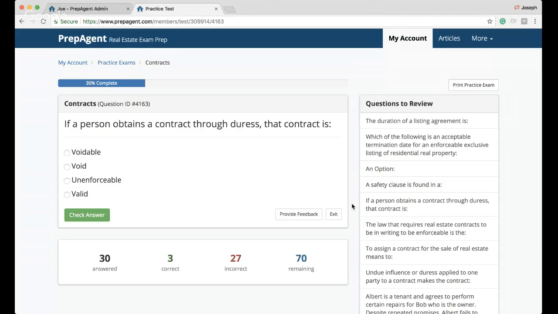If a person obtains a contract through duress, that contract is voidable, void, unenforceable, or valid. See what you guys think here.